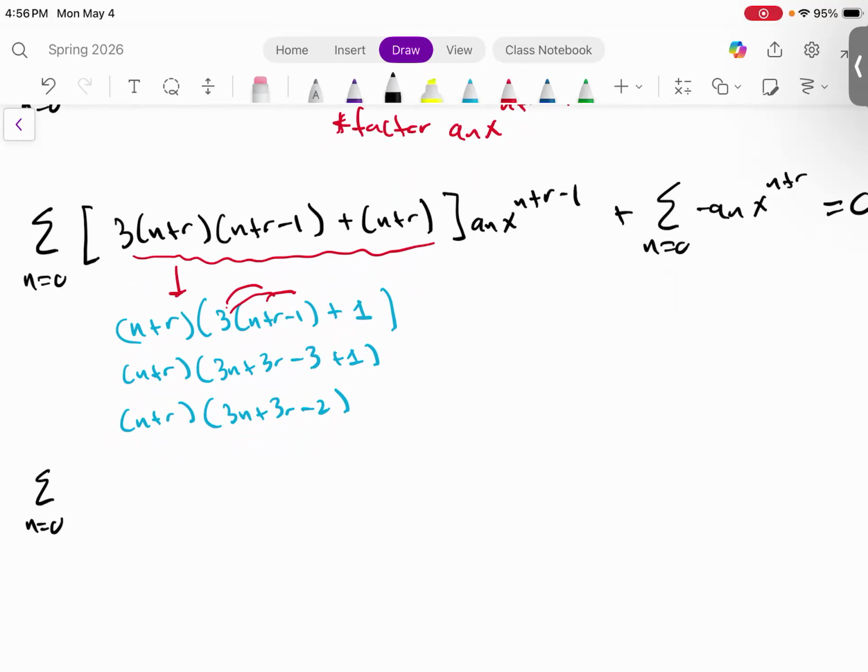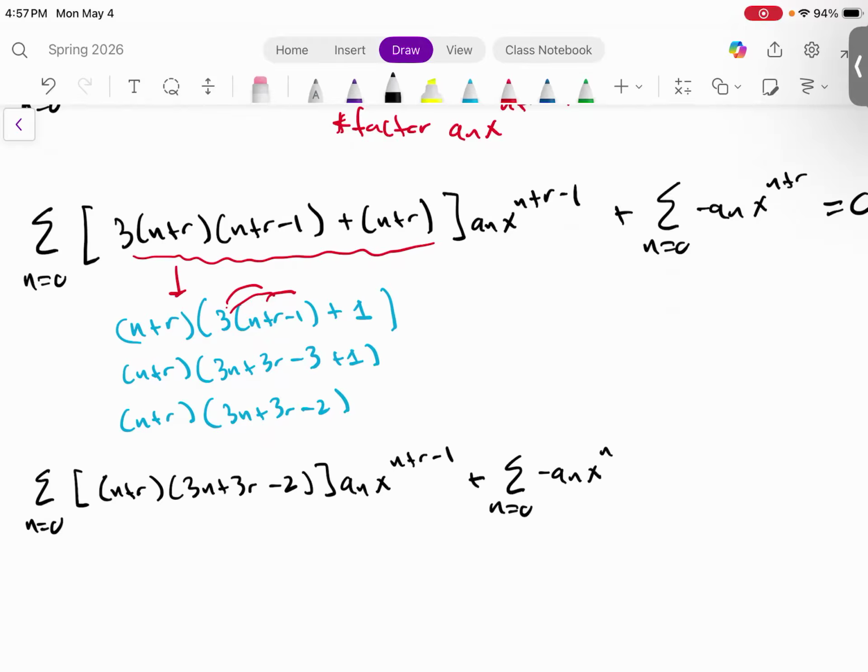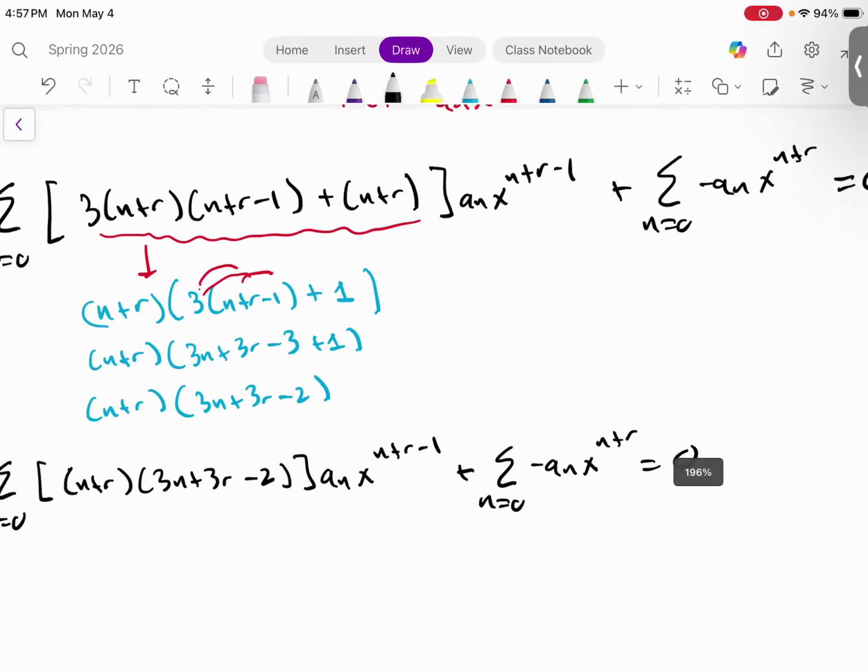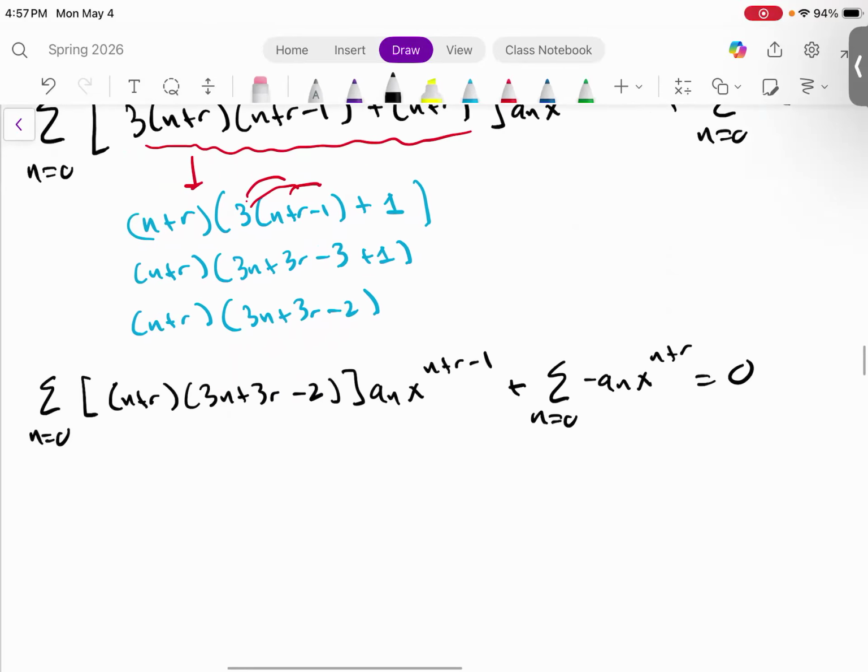So let's go ahead and rewrite what we got. This would be n plus r, 3n plus 3r minus 2, all times a sub n x to the n plus r minus 1, plus the power series n equals 0, negative a sub n x to the n plus r, equals 0. So a lot cleaner, a lot smaller too.